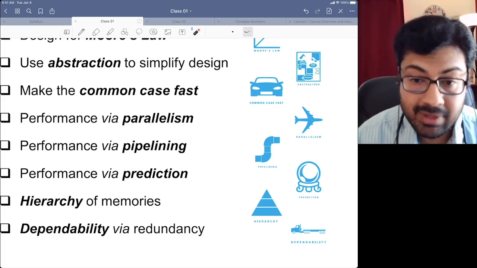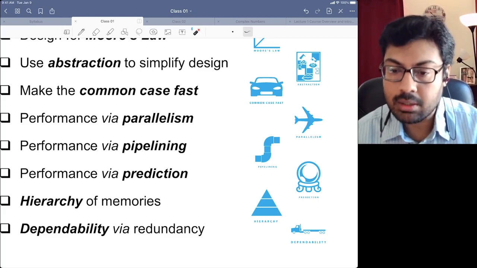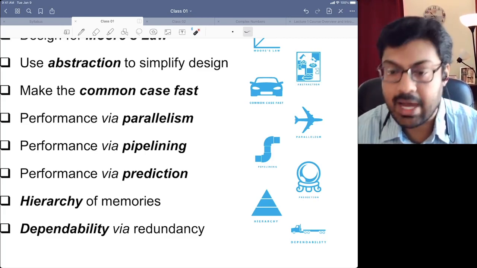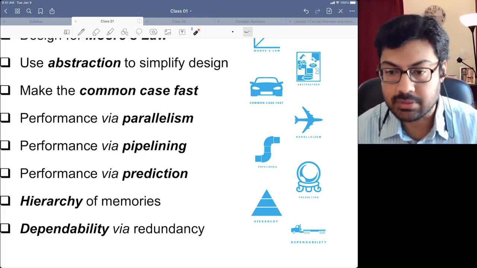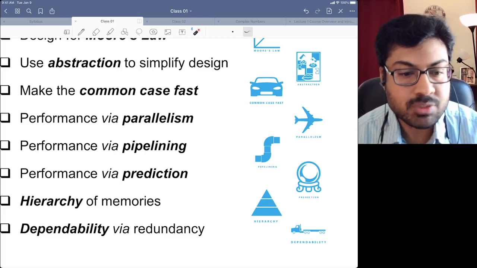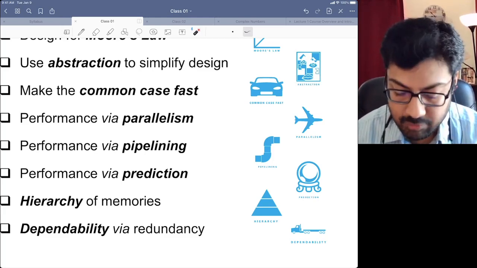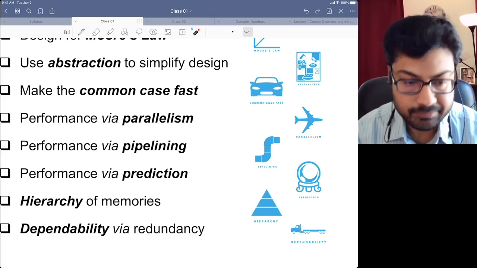Most of the time you will be right, sometimes you will be wrong. And when you're wrong, then you can backtrack and dump all your registers and restart that instruction. So performance via prediction is interesting, and we use that for branching instructions, and we'll see that.